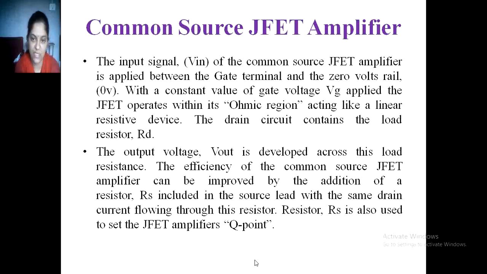The efficiency of the common source JFET amplifier can be improved by the addition of a resistor Rs included in the source lead, with the same drain current flowing through this resistor.